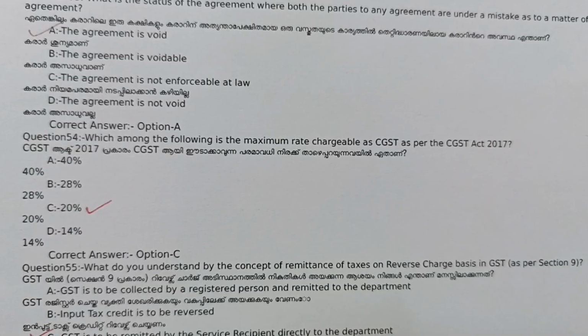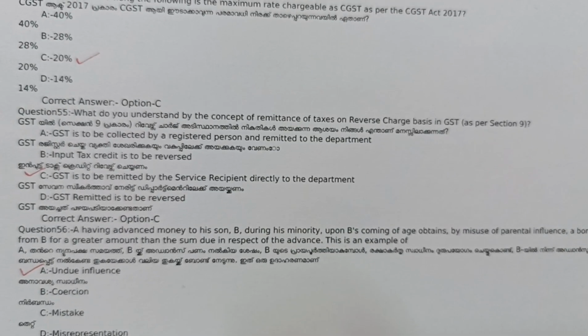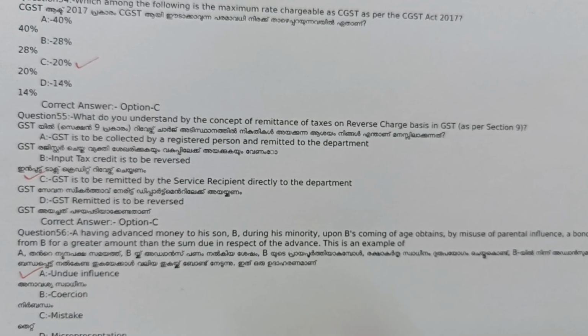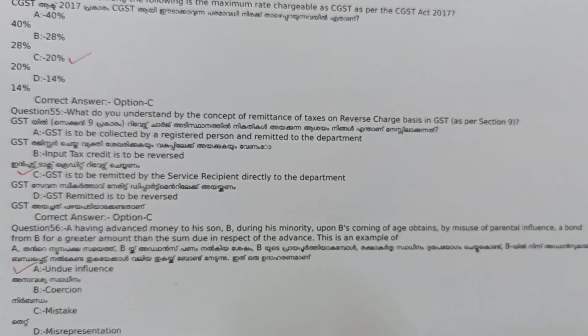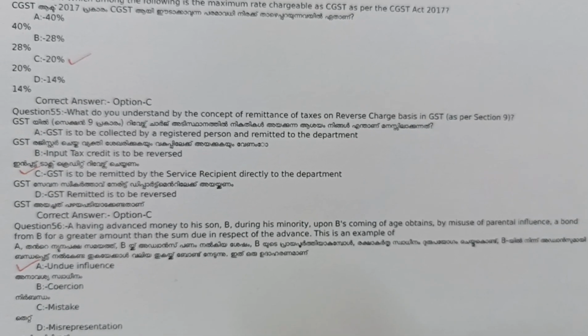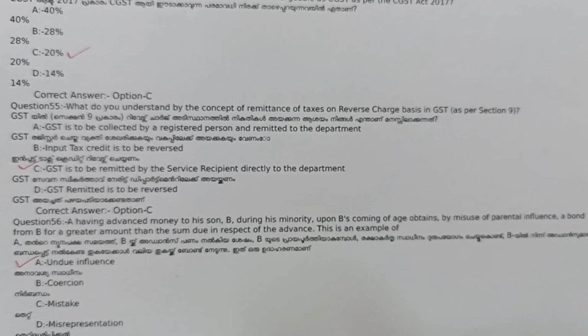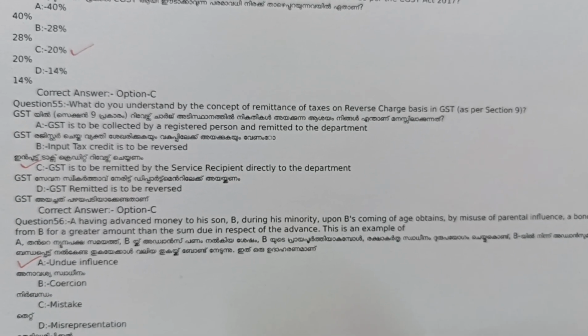Answer, 20%. Question number 55. What do you understand by the concept of remittance of taxes on reverse charge basis in GST as per section 9? Correct answer, GST is to be remitted by the service recipient directly to the department.